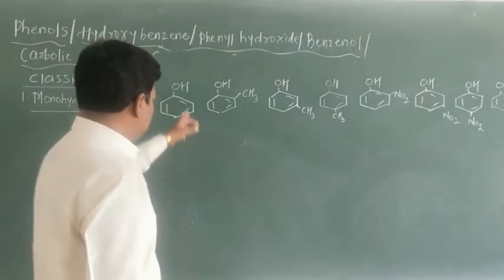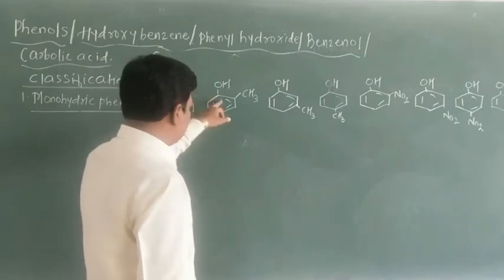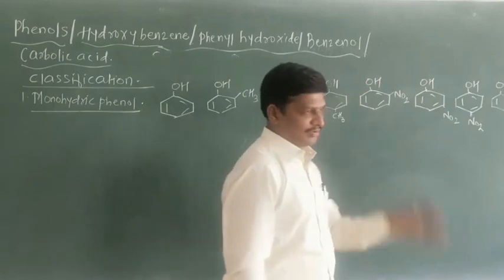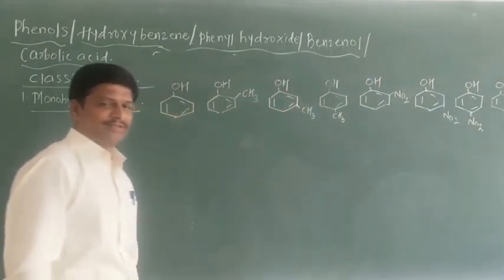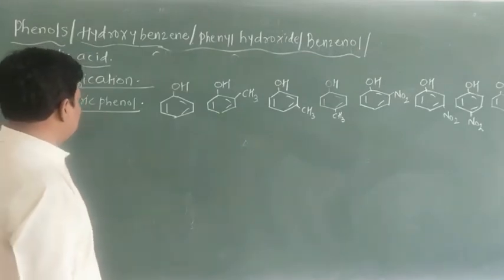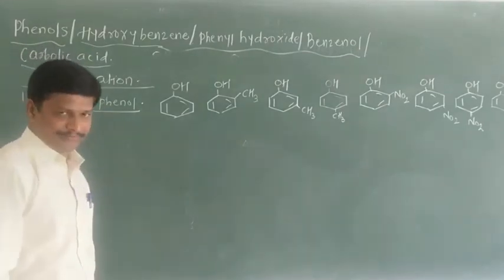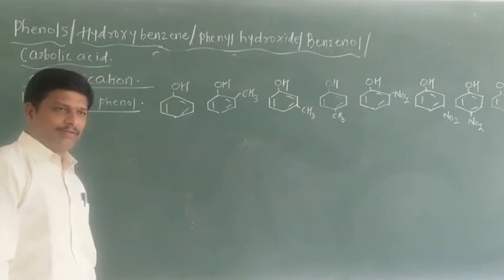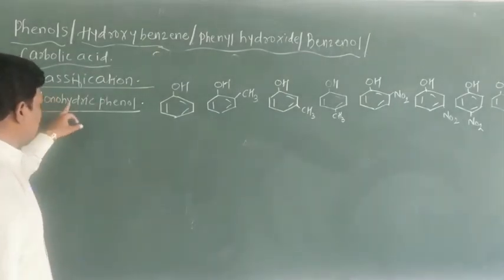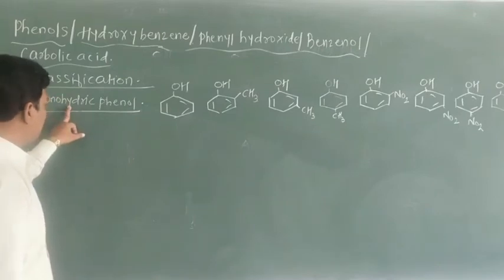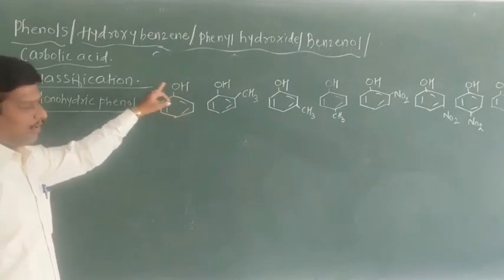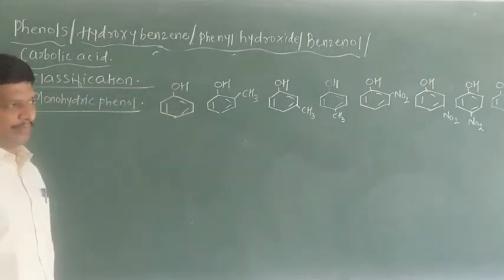This structure contains only one OH group, this structure, this structure, and all these structures too. Mono means single, and hydric means the OH group is present on the aromatic ring. Therefore all these are the monohydric phenols.